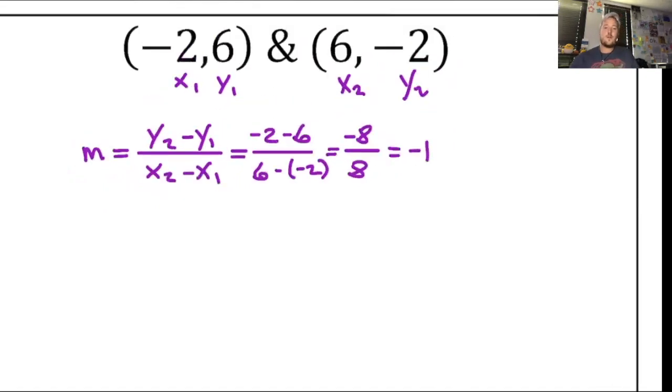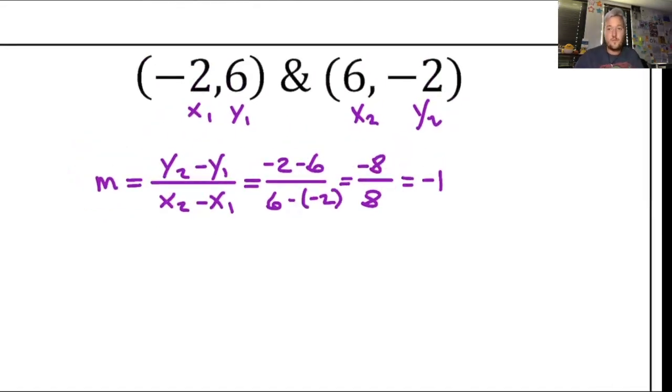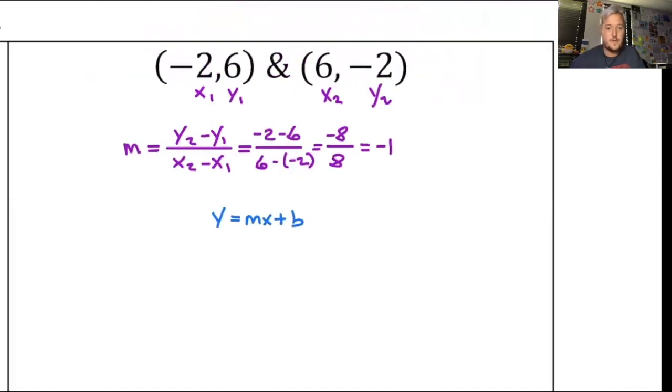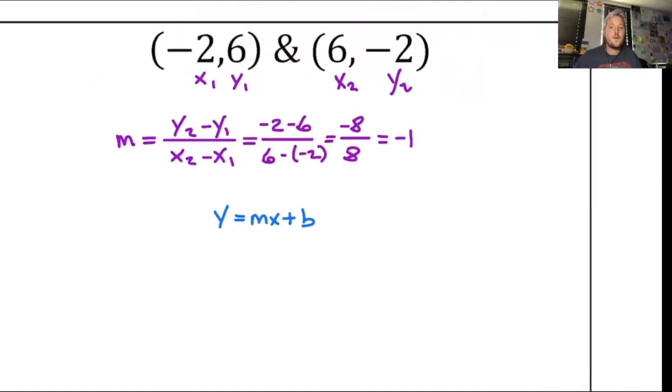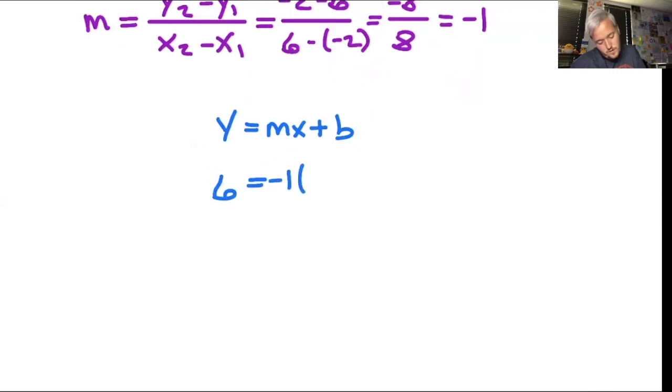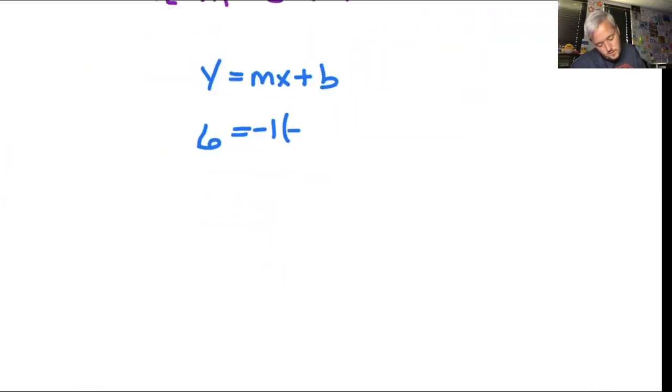Now I want to start in slope-intercept form, and I want to solve for the b value. So y equals mx plus b. It doesn't matter which point you use. It really doesn't. I'm just going to choose a random one, I'll just choose the very first one, -2, 6. So now I'm going to plug in 6 equals slope of -1, x value of -2 plus b.